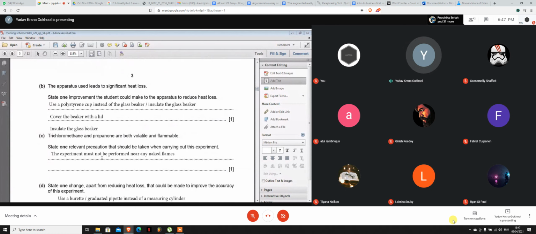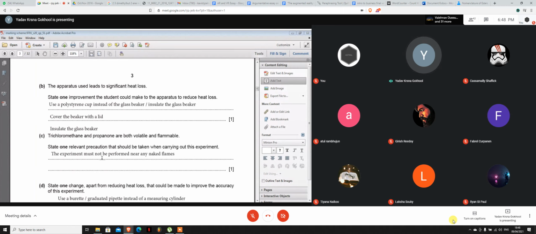One relevant precaution: I think in this practical only, for this paper, the answers in the marking scheme were a bit different, but I've chosen the best that I found, which is not to use a naked flame, because I don't see why we should have a flame next to this experiment, as we are not being told to do other experiments. The marking scheme has something different written together with this explanation, so I've chosen the best of them.